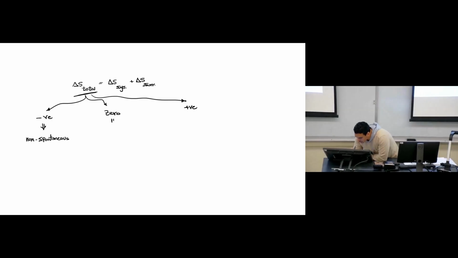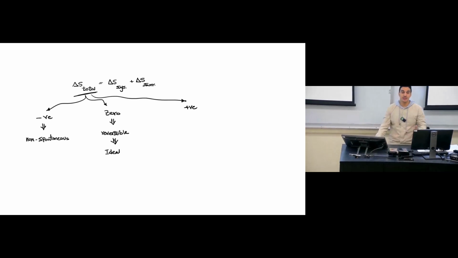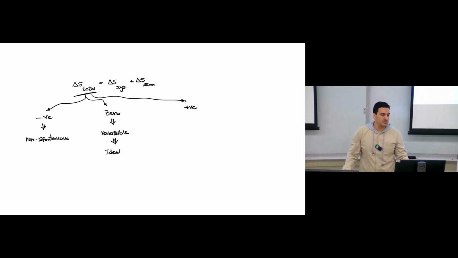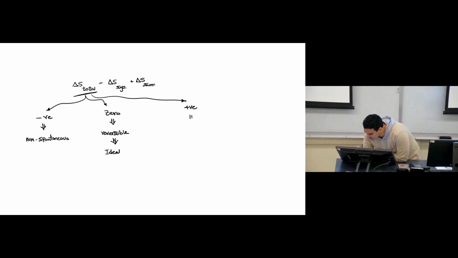Total entropy change is 0 if you have a reversible process. And again, a reversible process is an ideal process. It will not exist in real life, but we are using it because its analysis is very simple. It gives you an idea of the maximum work we can obtain from the system, the maximum efficiency of this process. Total entropy change is positive.